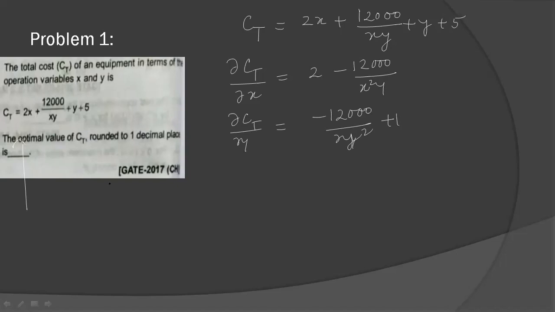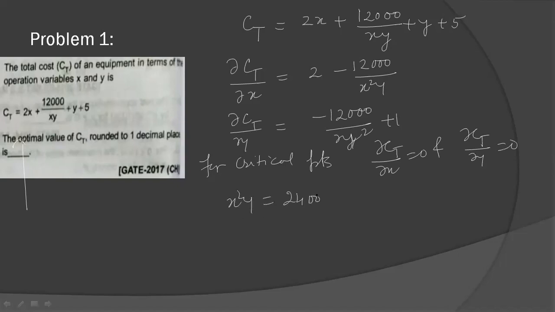For critical points, del C(T) over del x equal to 0 and del C(T) over del y equal to 0. So you will get x square y equal to 24,000 from the first equation, and xy square equal to 12,000 from equation number 2.